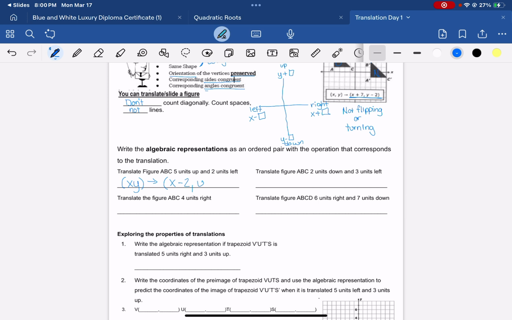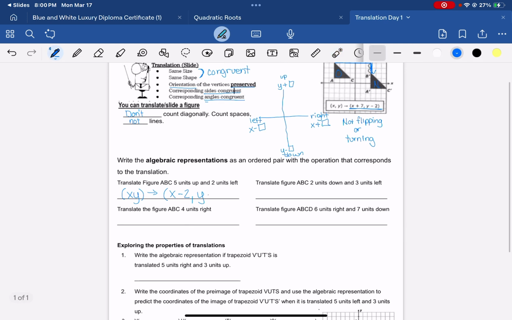My y is the up and down axis, and so I'm going to do y, and it says up 5, so that would be this, wouldn't it? Because when it goes up, it's this. Okay, so plus 5. And there's your rule.